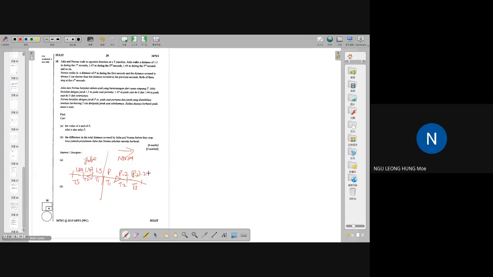Betul tak? Ivy? Halo Ivy, betul tak? Betul, bagus. Then both of them stop at the end and second. Okay, so P, find the value.